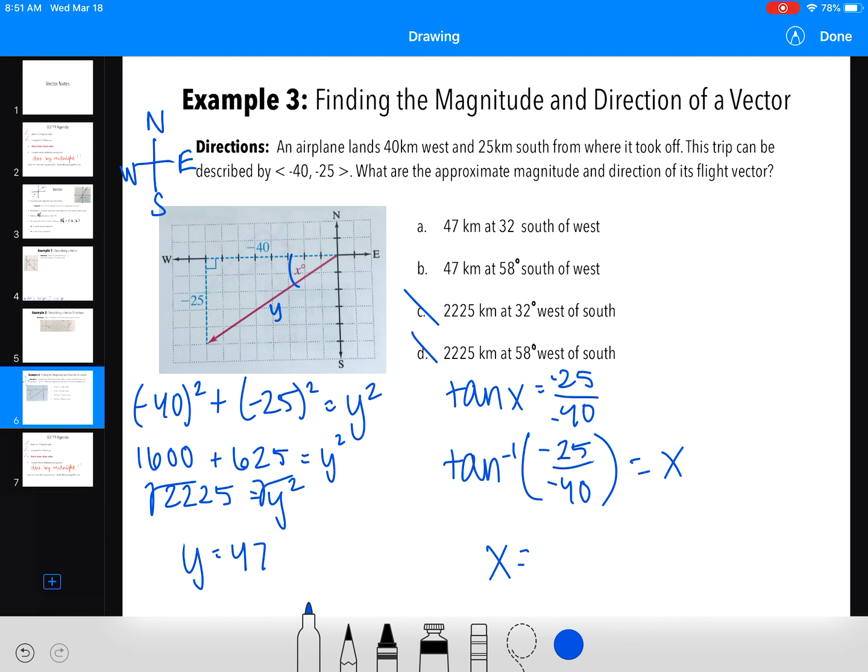X is going to be, let me type it in, 32. So my airplane moved 47 kilometers at 32 degrees south of west.